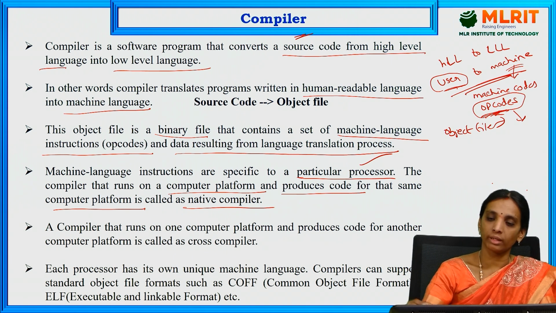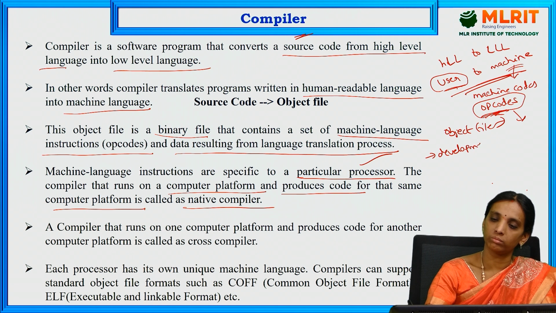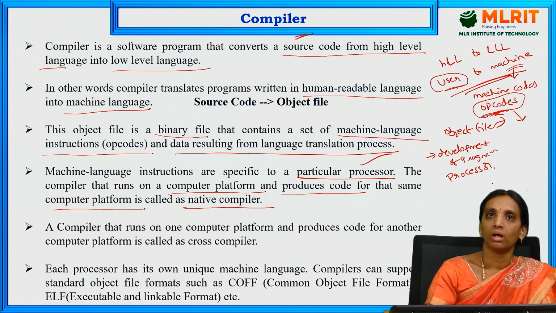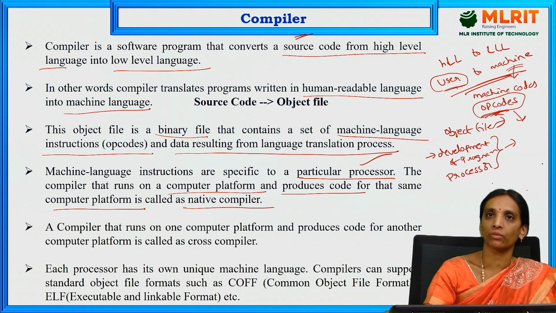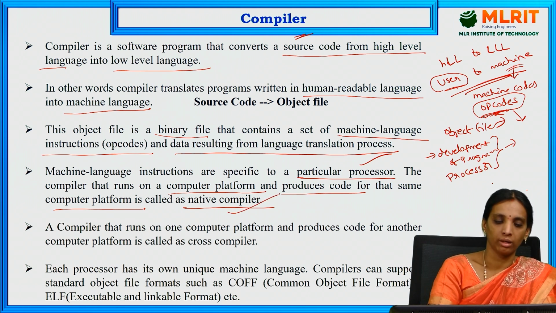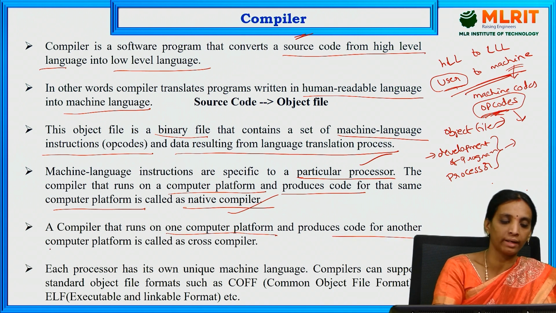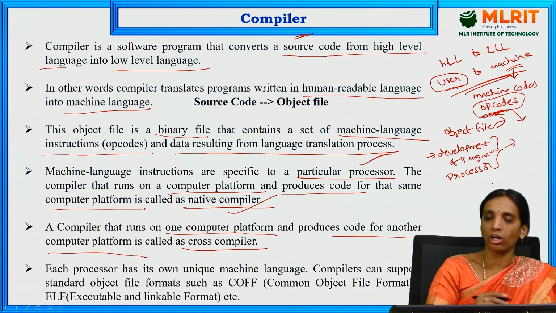So if the compiler which is used in the development of a program is designed for a particular processor, and the compiler runs on the same platform processor for the target machine also, then it is called a native compiler. If the compiler that runs on one computer platform produces code for another computer platform, it is known as a cross compiler.